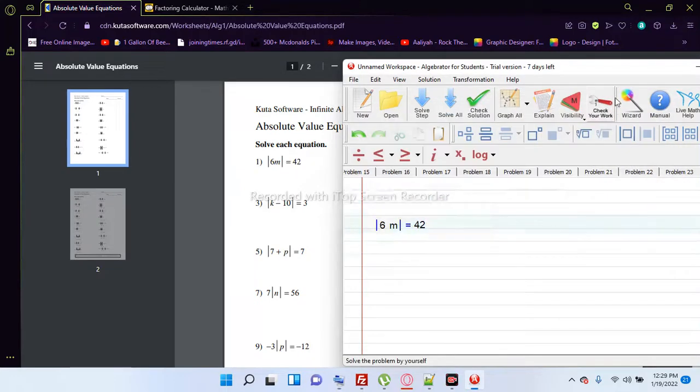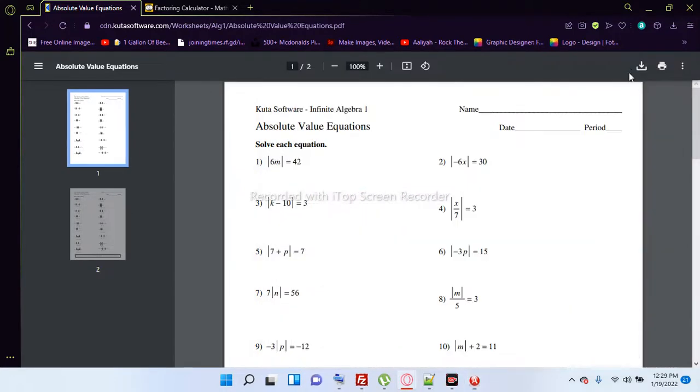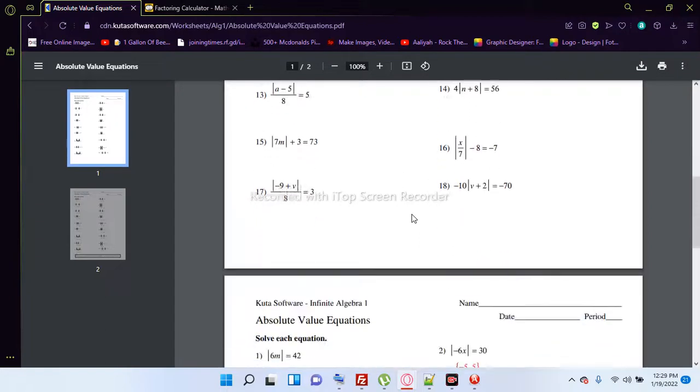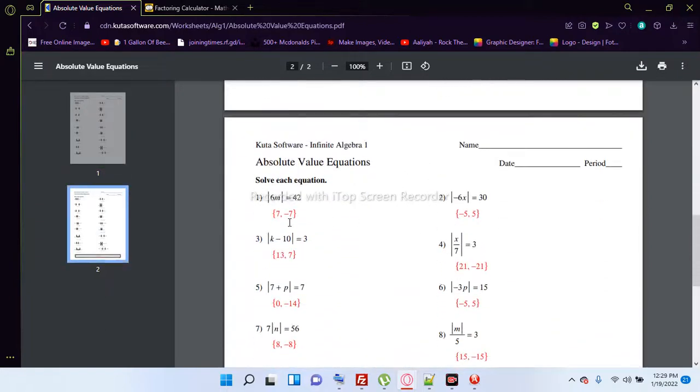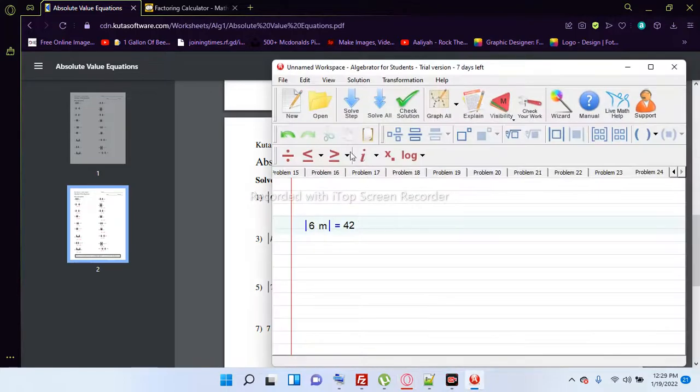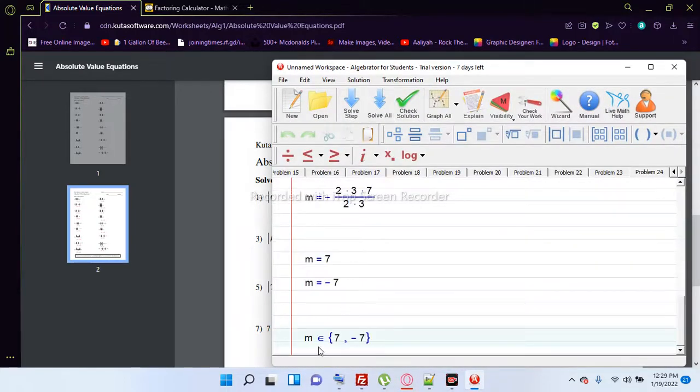Now what we want to do is go down to the answer. It should be 7 and negative 7. So go back to the Algebrator and say solve. What did it say? 7 and negative 7. What did I tell you? The Algebrator is love here.